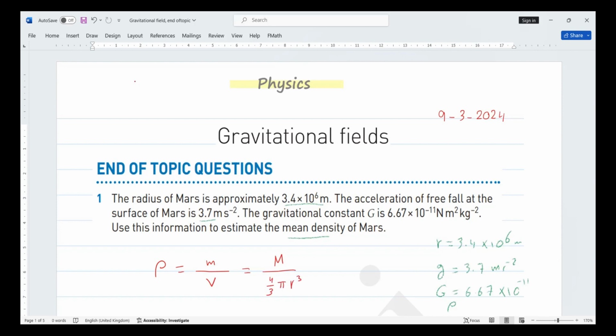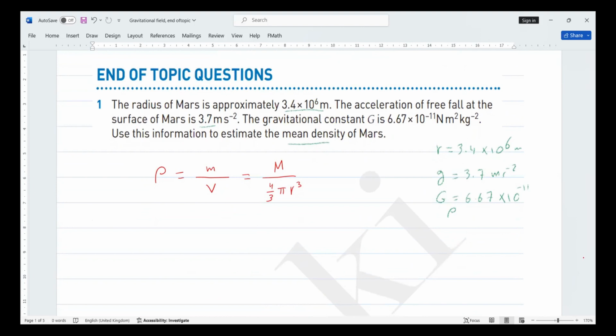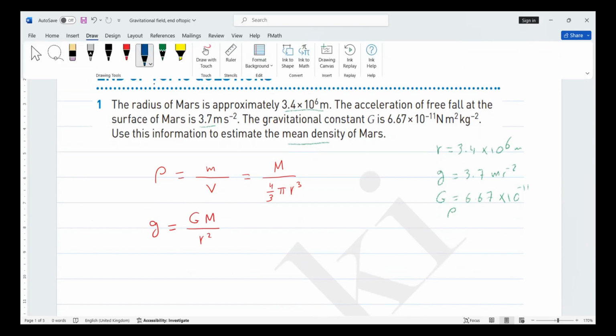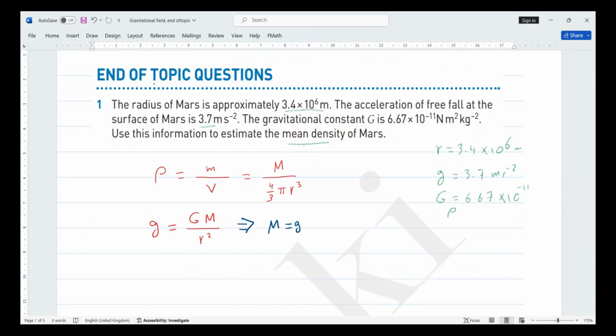Now we calculate first of all the mass. How can we calculate the mass? We have the formula g equals G capital M capital over R squared. Rearrange this formula to write M as the subject. Then M equals g R squared divided by G capital.